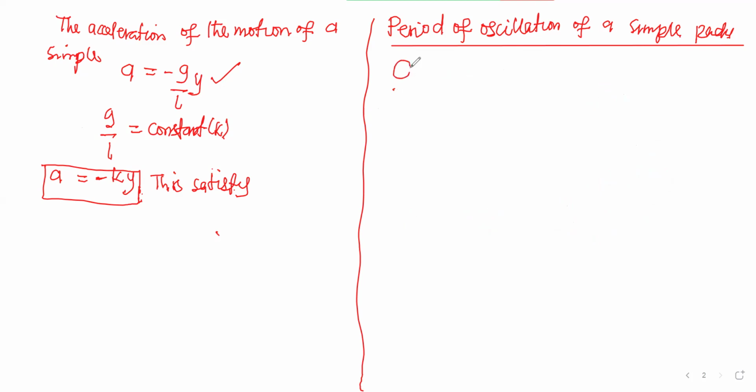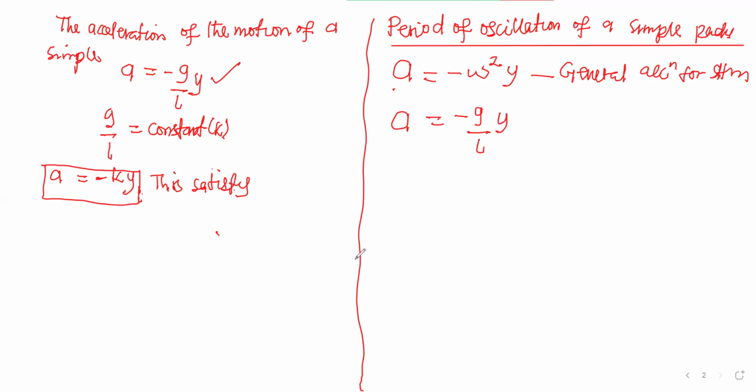Now, the acceleration formula for a body executing simple harmonic motion is equal to negative omega squared times the displacement y or x. This is the general acceleration formula for SHM. And the acceleration formula we have for a simple pendulum, we had a is equal to minus g over L times y.